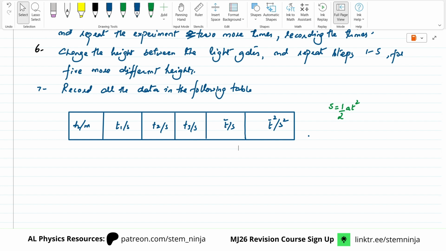Now what we need to do over here, plot these values.